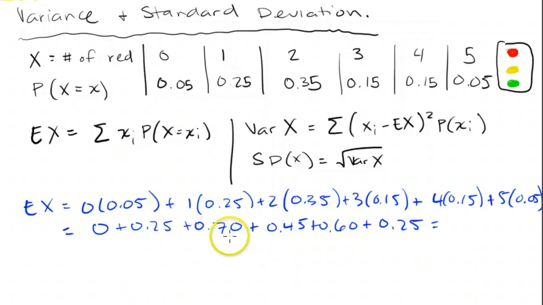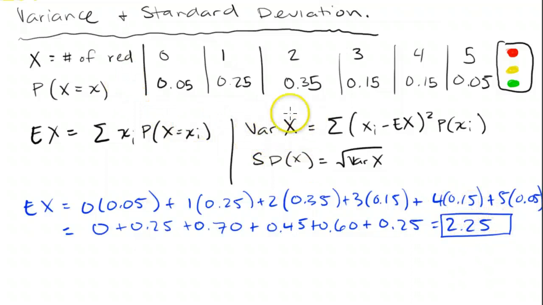So we got 1.3 plus 0.5 is 1.8 plus, that's 2.25. So the expected number of lights are, on average, if I were to drive to work a bunch of times and find the average number of lights I would hit, it would be 2.25.